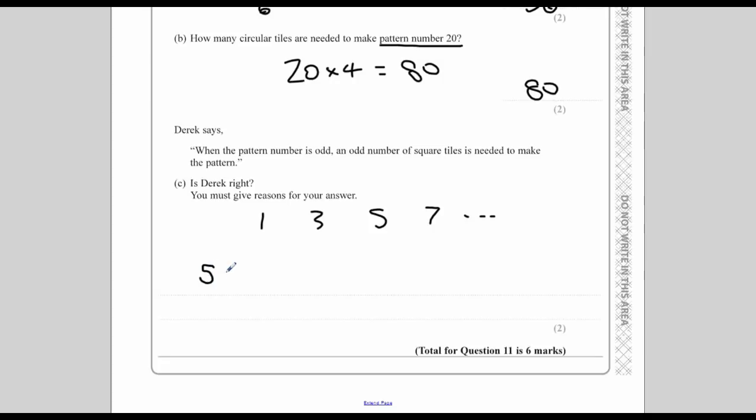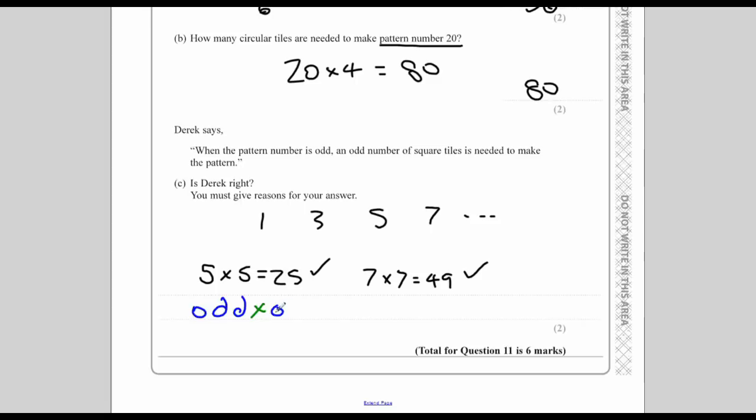Well, remember, it's going to be 5 times 5, 25. And they're both odd. 7 times 7, 49. Odd again. Now, we can't keep doing this forever. So what we need to do is think of a clever way to be able to show this without doing every single multiplication. So let's think instead about an odd number times another odd number.